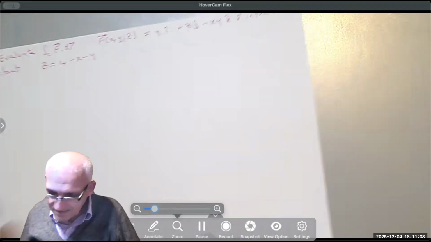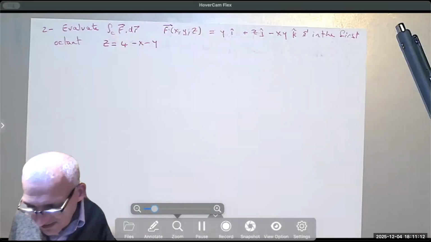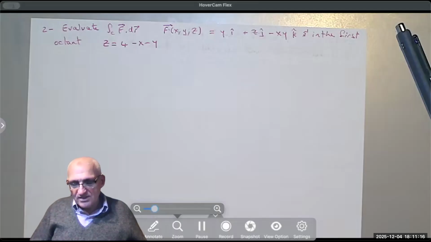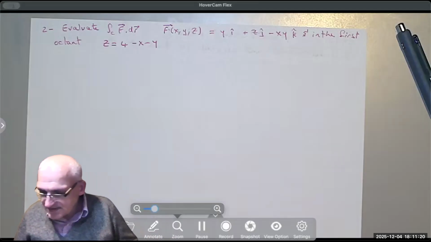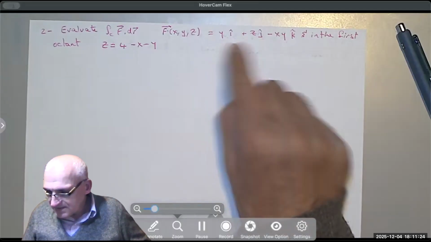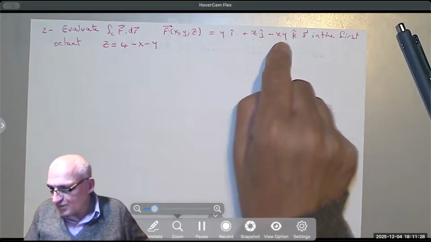The second example here tells you to evaluate that integral, and they give you the field F of x, y, z is yi plus zj minus xyk.